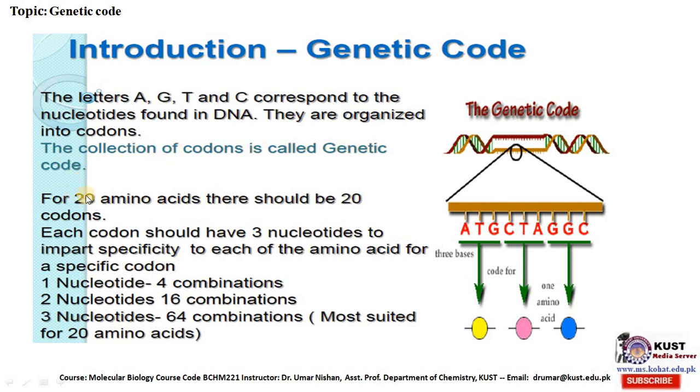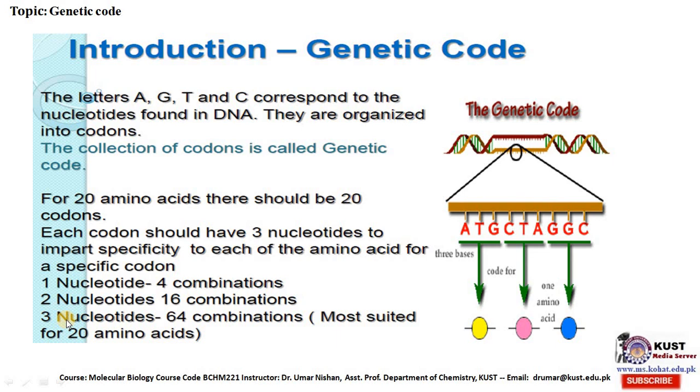Now we have 20 amino acids, and for 20 amino acids there should be 20 codons. Each codon should have 3 nucleotides to impart specificity to each of the amino acids. If a codon consists of a single nucleotide, then there are 4 possible combinations, which are A, G, T and C. In case there are 2, there are 16 combinations possible.